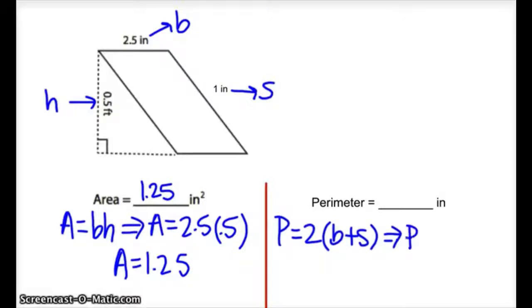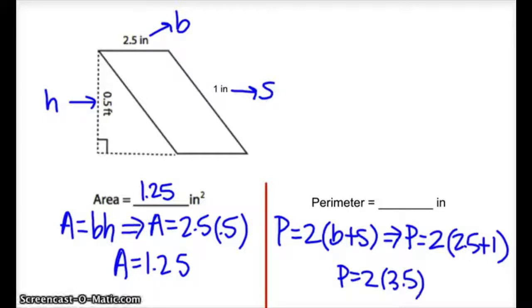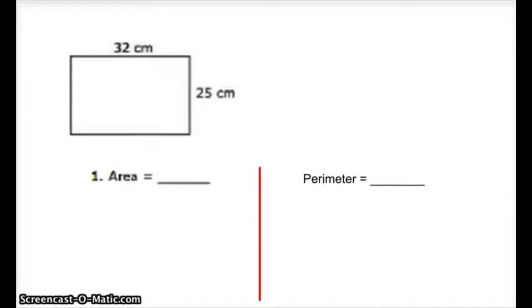The base is 2.5, and the side is 1. So I have 2 times, and then 2.5 plus 1 is 3.5. And when I multiply those two things together, I get a perimeter of 7. So 7 inches.